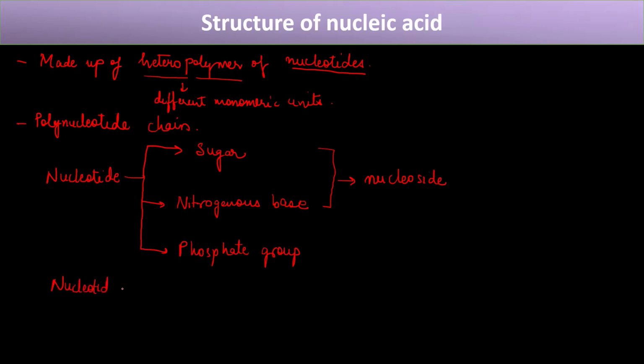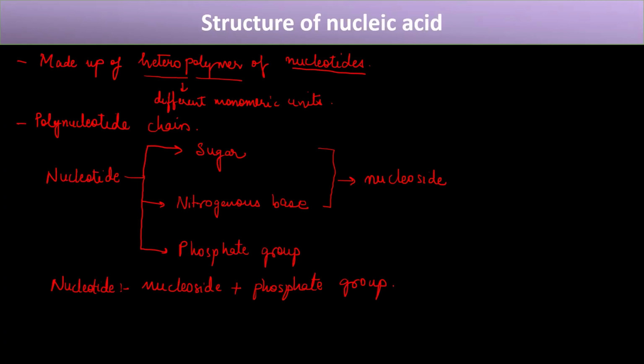The nucleotide components are sugar, nitrogenous base, and phosphate group. But you can also say that nucleotide comprises of nucleoside plus phosphate group, right? Because nucleoside is what? Sugar plus nitrogenous base. So it comprises of nucleoside plus phosphate group. Okay. So this is about the structure of nucleic acid.